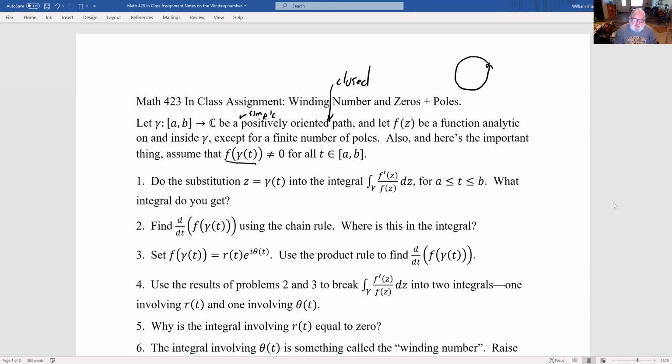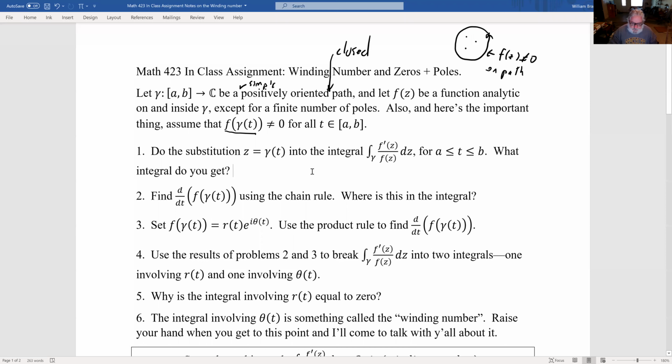It doesn't intersect itself. There's some poles inside. There might also be some zeros inside, but there's no zeros on the path. And we want to flag down some consequences about this.